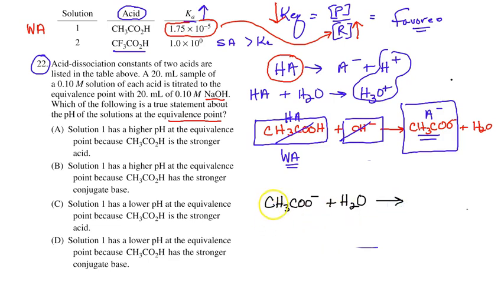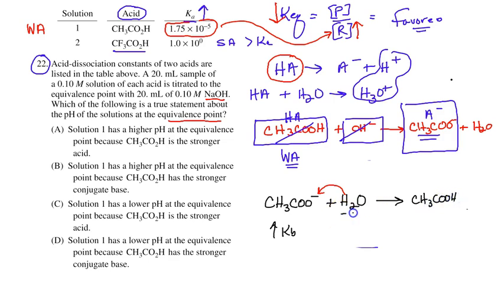And just as I mentioned, if this is a weak acid with a low Ka, it must have a pretty high Kb, relatively speaking, which means it has an ability to yank an H, act like a base, grab a proton from the water, and make what? Reform the acid.